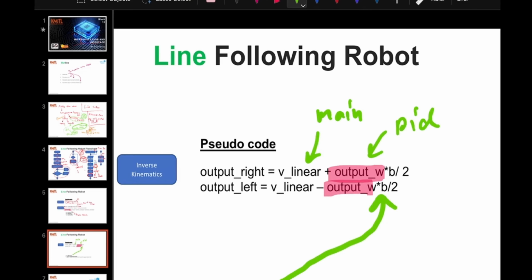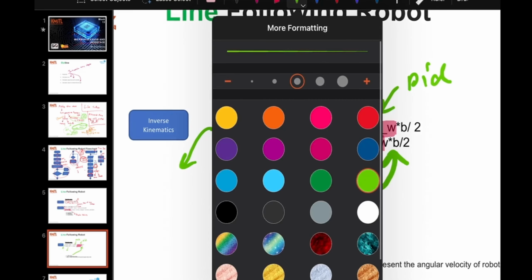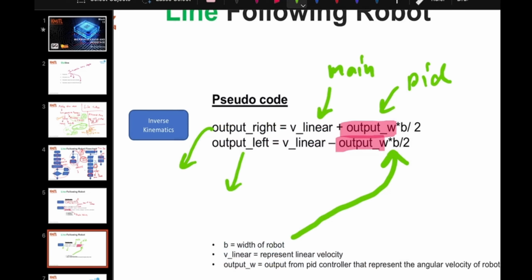Then you can use the output to set the timer CCR1. This one might be CCR2. It depends on the channel.